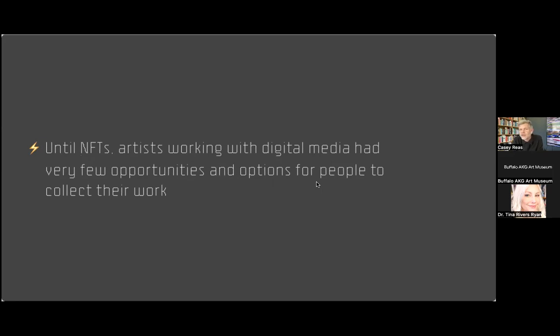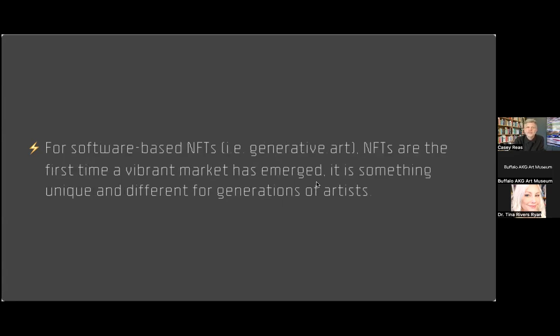Until NFTs, artists working with digital media had very few options for people to collect their work. I mean, we can of course point to a dozen artists, 50 artists, a few hundred artists maybe that were able to make this work, but compared to other forms, the opportunities were just really slim and far between. And that's changed a lot, with a lot of the difficult caveats talked about a moment ago, but it has changed.